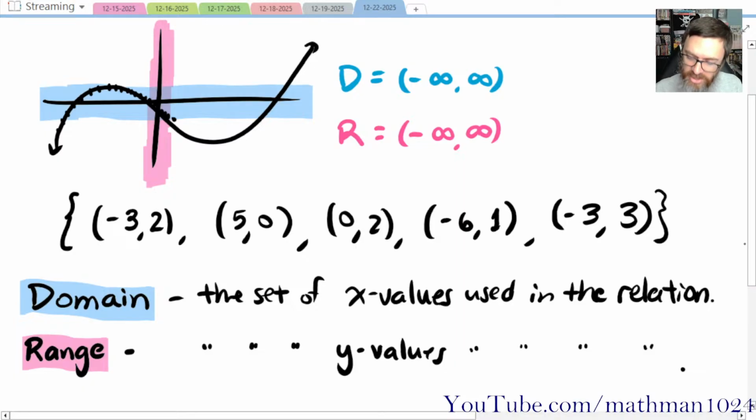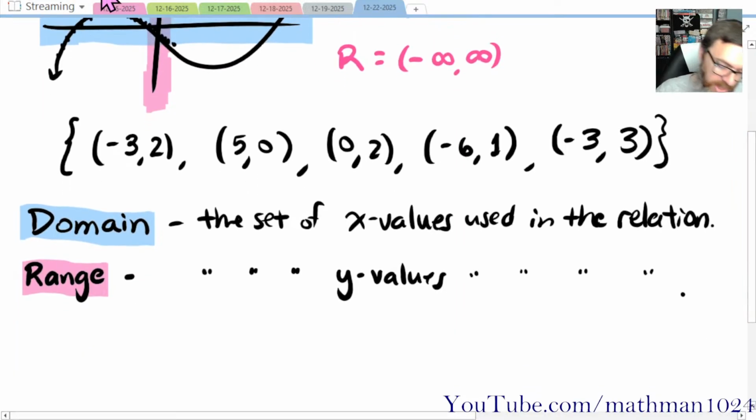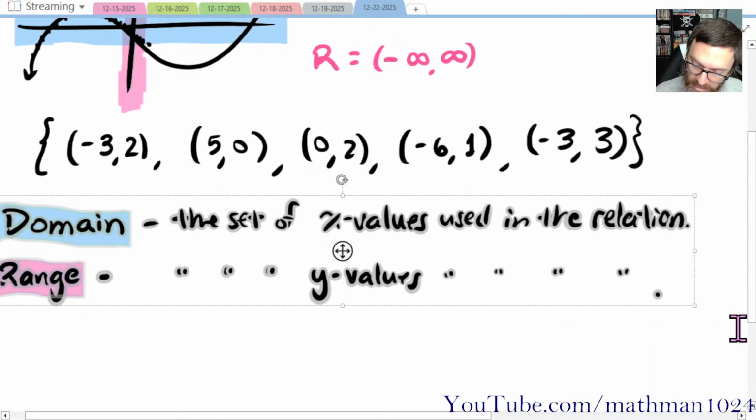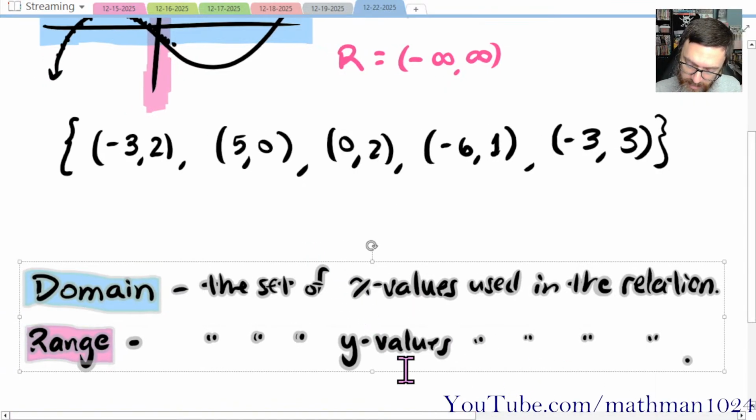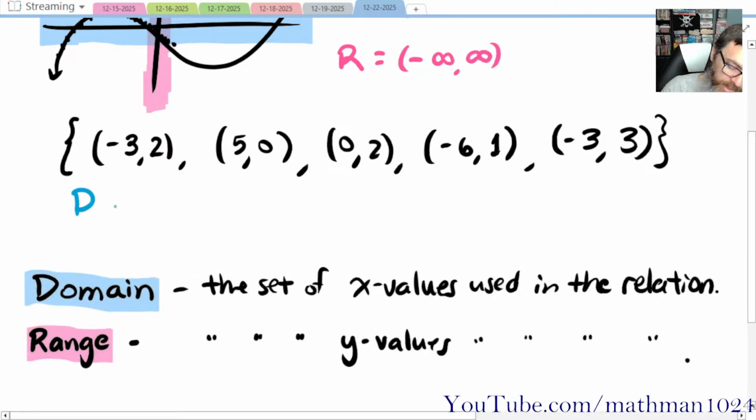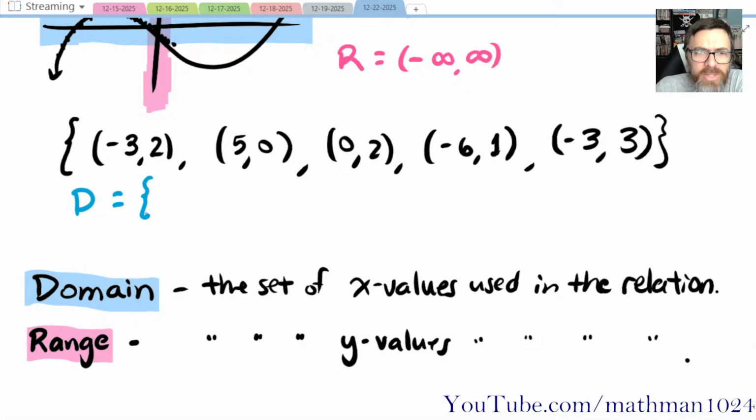Now, for this second example, let's move that down just a little bit. All right. So here, when I want to talk about the domain, for the second one, I'm going to use the curly brackets, the braces, to list all of the x values that are being used by this relation.